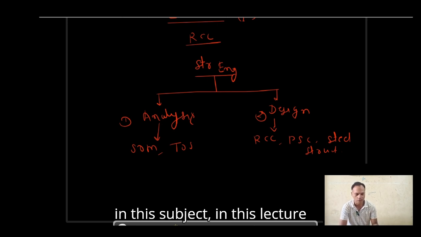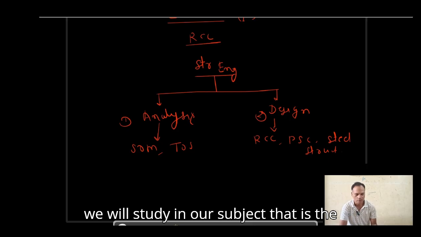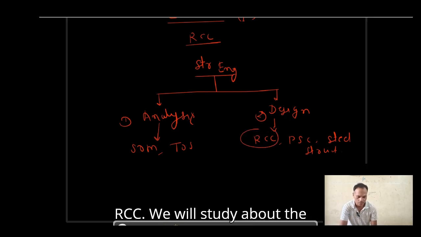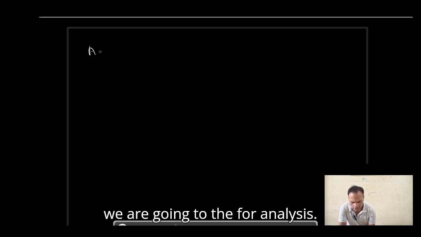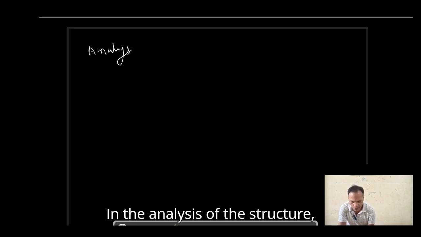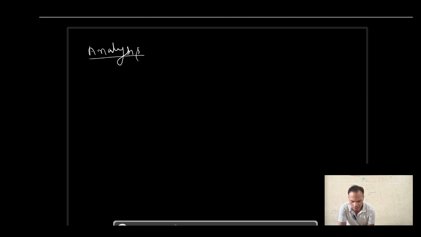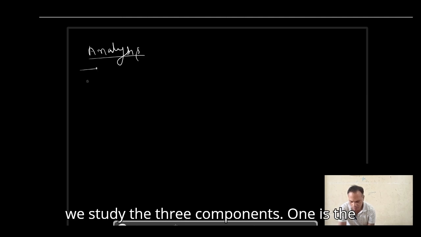In these lectures, we will study our subject that is the RCC. We will study about the RCC here. Let me add the page. If we go for analysis, in analysis of the structure, we study three components.